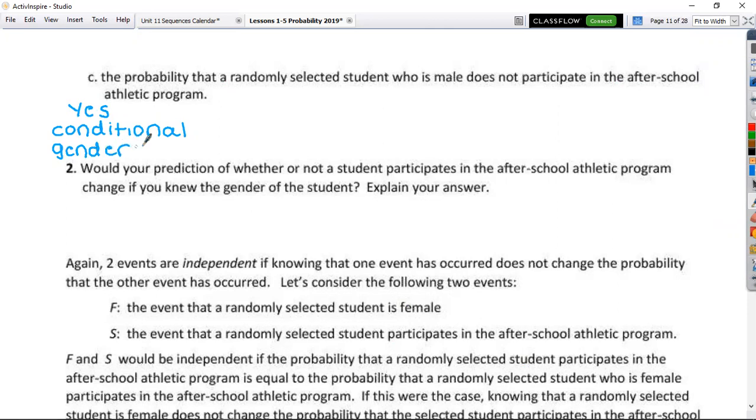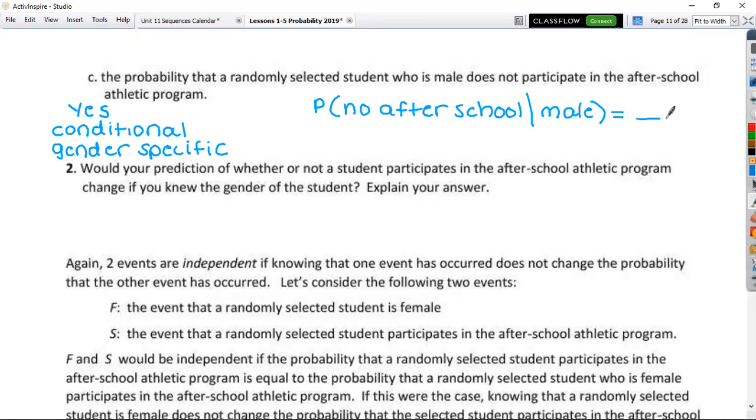And let's calculate it. So I'm going to write it first and then I'll flip. You guys don't need to. So probability of no after school given the condition that they are male. So no after school given that they are males.